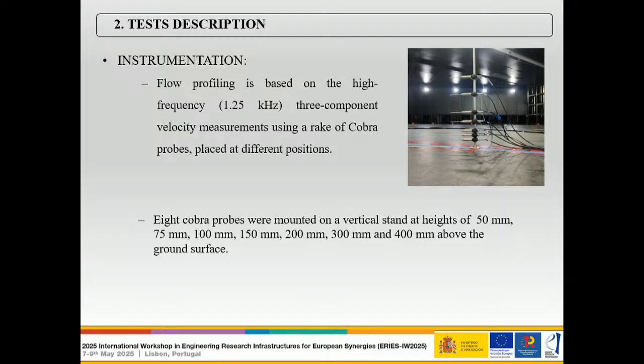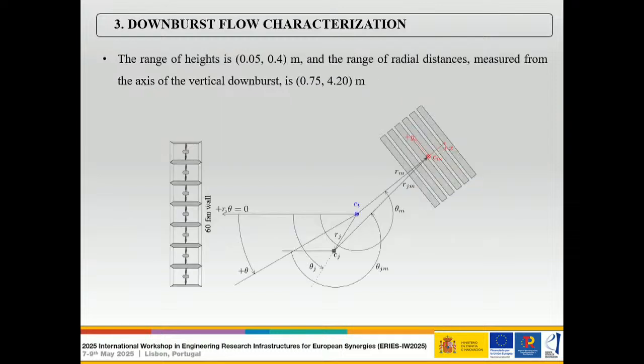In terms of instrumentation, the characterization of the flow associated with the downburst has been made by means of a rack of Cobra probes. We considered 8 different Cobra probes located at different heights in order to have the profile of the flow, with a high frequency sampling rate of 1.25 kilohertz.